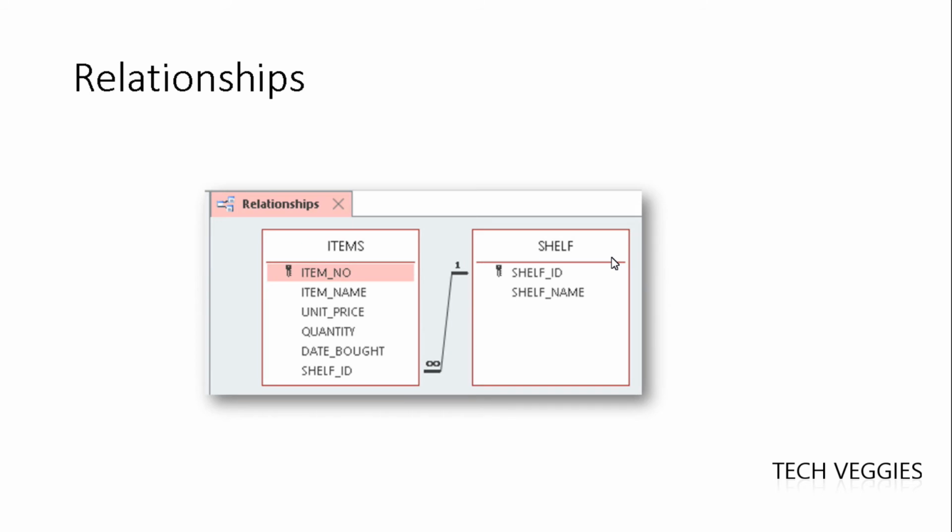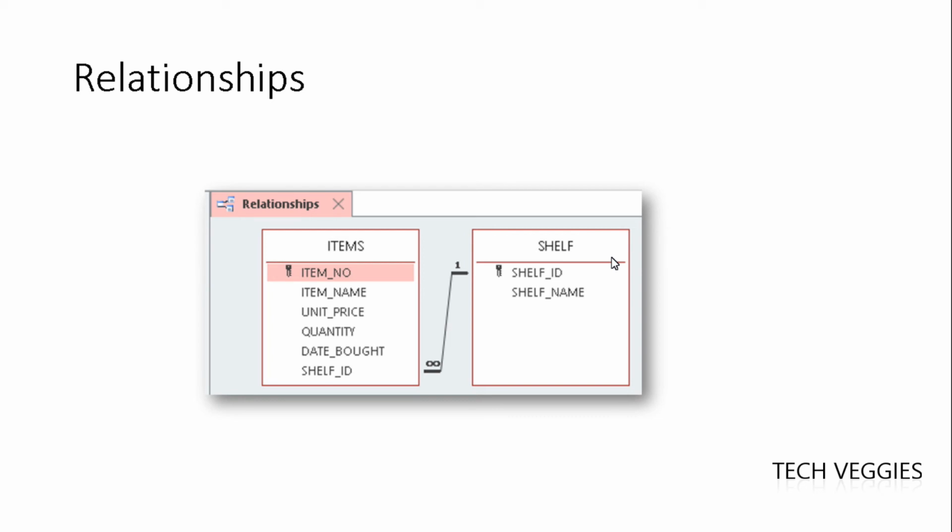Relationships are implemented using primary key and foreign key. You can see that there is the primary key, which is item number in the items table, and there is a primary key also for the shelf table, which is shelf ID. The common key between both tables, however, is shelf ID, which you can find in both tables. In the shelf table, it is the primary key, and in the items table it is the foreign key.